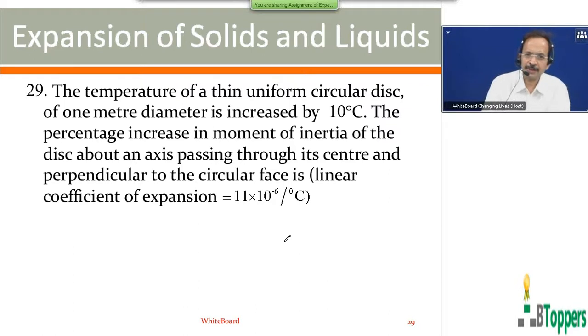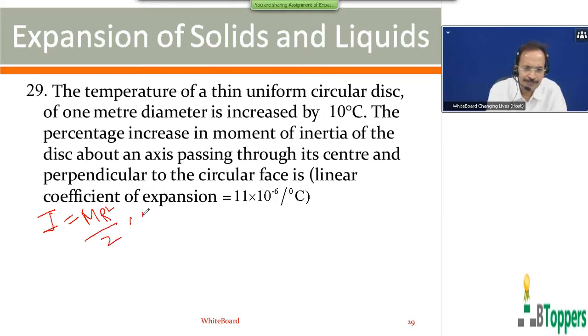As I discussed earlier, whenever a uniform regular solid, like a uniform circular disc or sphere, is heated uniformly, the percentage increase in its moment of inertia will be 2 times the percentage increase in the linear dimensions, or we can say the percentage increase in moment of inertia is the same as the percentage increase in area, because the moment of inertia of a circular disc of mass m and radius r is given by mr square by 2.